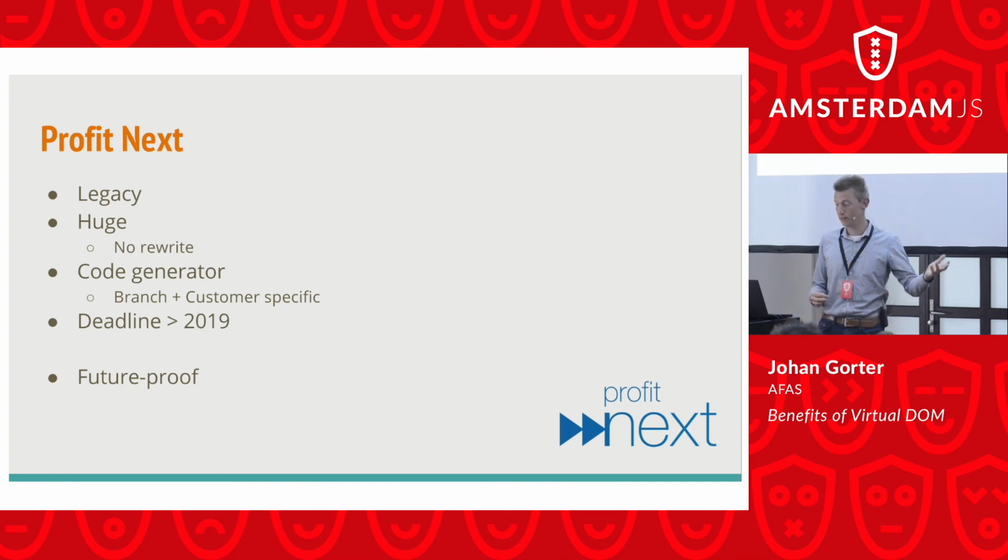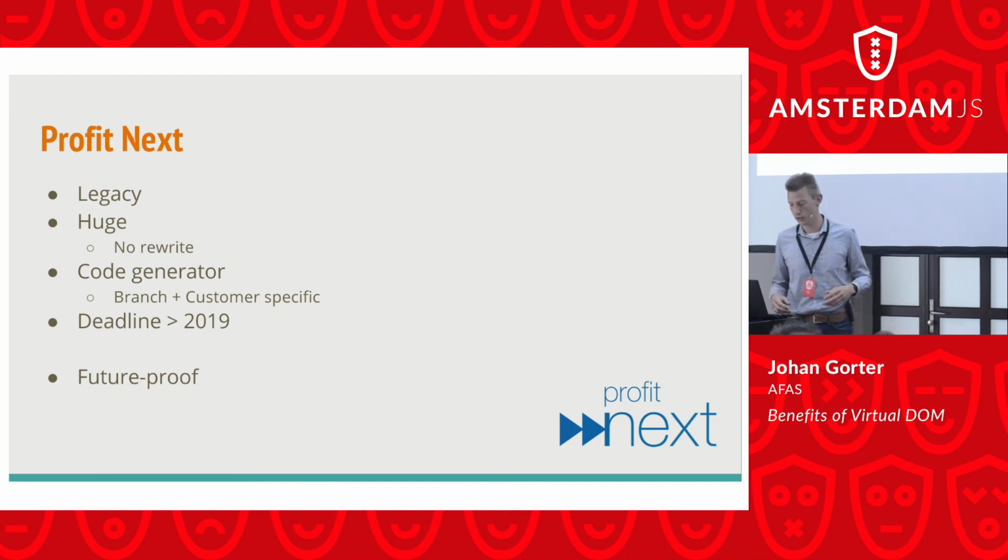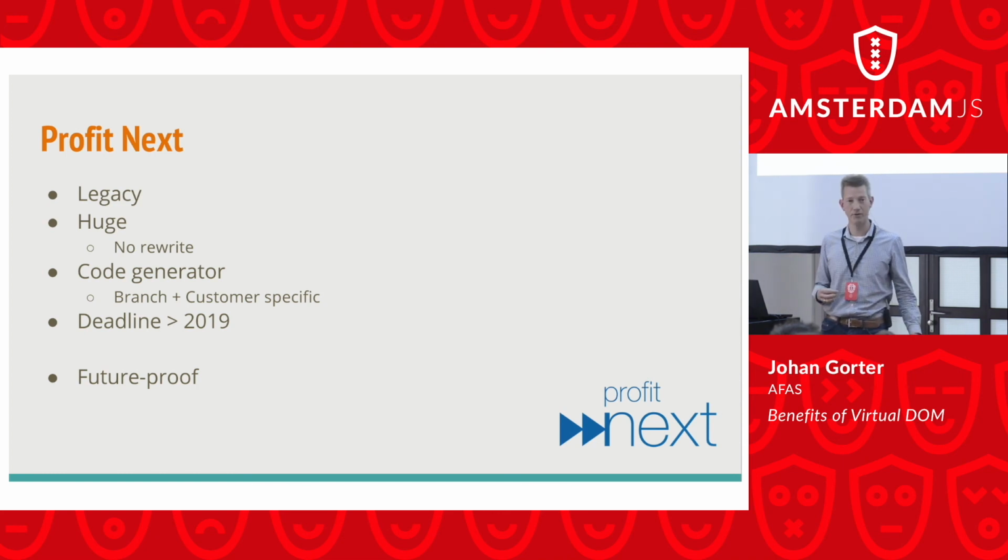And because we can use a code generator, we can do specific things for certain branches and certain customers. Well, we're very ambitious, but our deadline, luckily, is a bit in the future, which means that the decisions we're taking right now should be future-proof. Well, that means that we want to understand every bit of technology that we are using, so we're sure that in 2020 or something, we're still using the right thing and don't want to rewrite everything again.